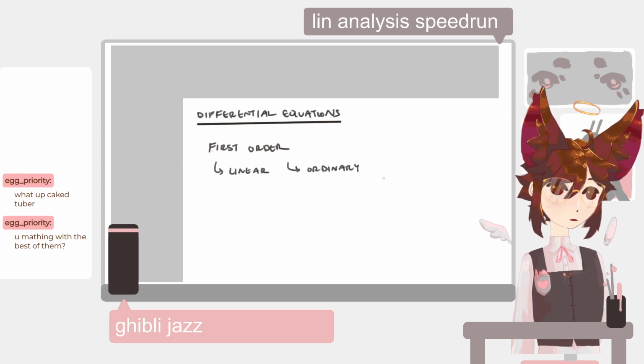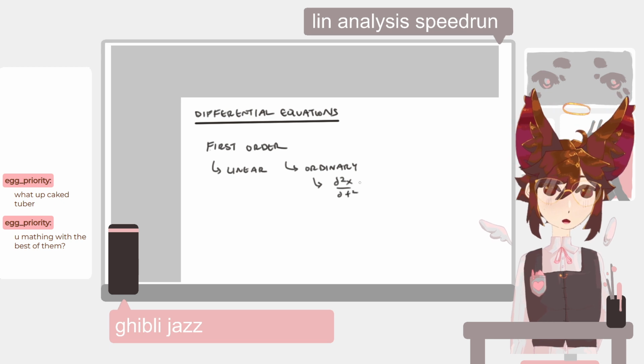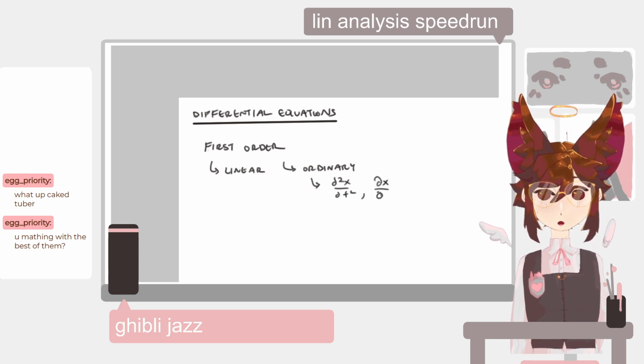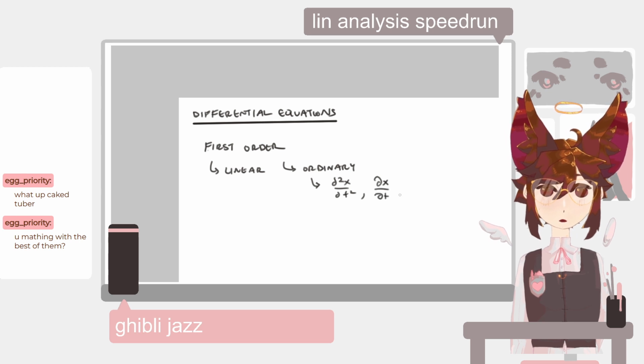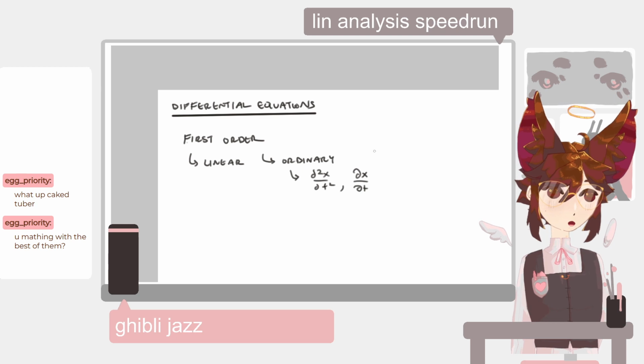And those are the main two, right? So ordinary just denotes whether it is a derivative like d squared x over dt squared, or a partial derivative, right? If it's partial, then it's a partial differential equation. If it's ordinary, then it's regular derivatives. Funny how that works.